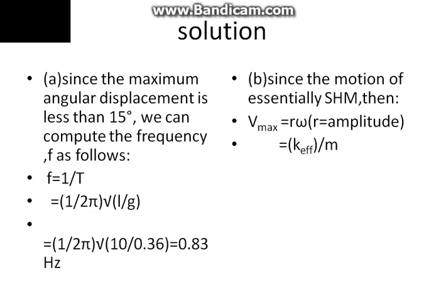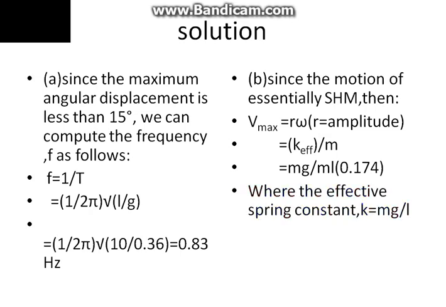We now substitute the values, mg over ml, times 0.1974, where the effective spring constant k is equal to mg over L. We now have √(10 over 0.36) times 0.174, which will now give us 0.33 meters per second.